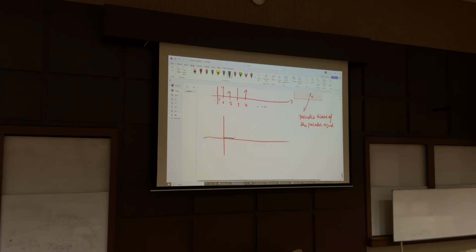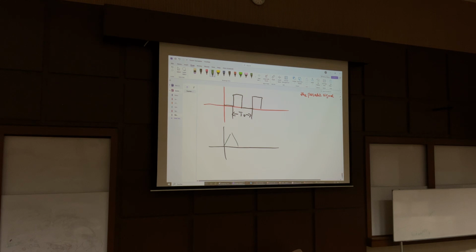We have a signal here, and we have a signal here. So this is here my T0. Now, if you have something else later, you will have a signal which might look like this here. So you see between here and here, you have also the T0.